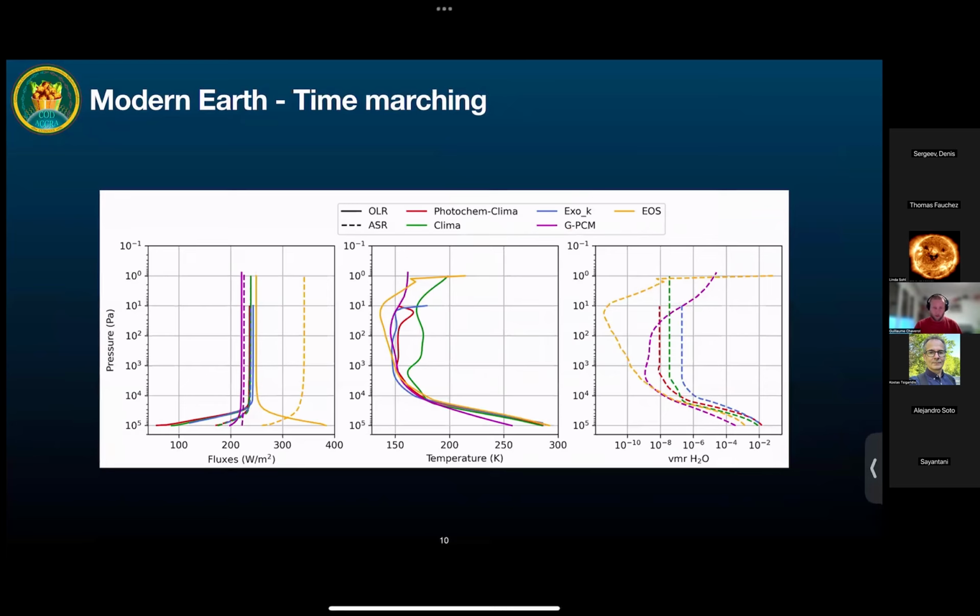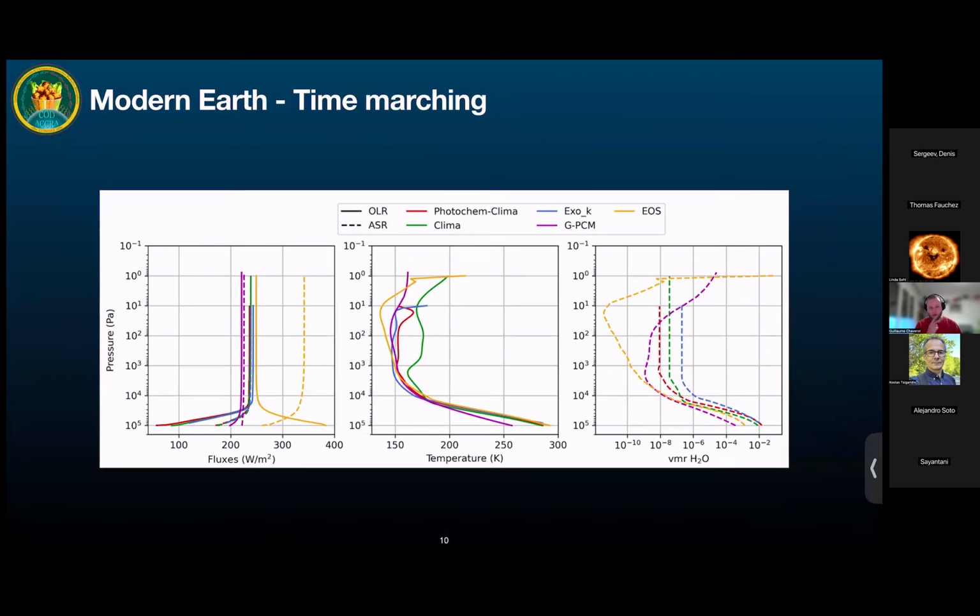We did the same simulations on modern Earth, but with time marching now. On the left are the OLR and ASR, as I showed just before. In the middle, you have the final temperature profile obtained by each model. It's quite similar in the troposphere, close to the surface, except for the generic PCM, but we discussed that, and if I remember correctly, the quantity of CO2 we assume is not the same.